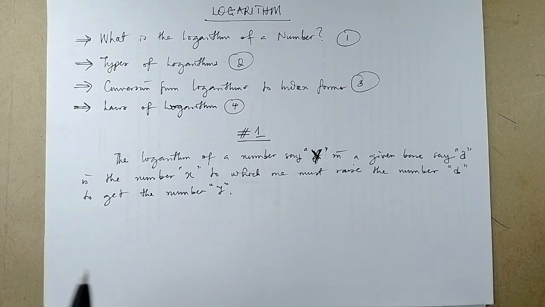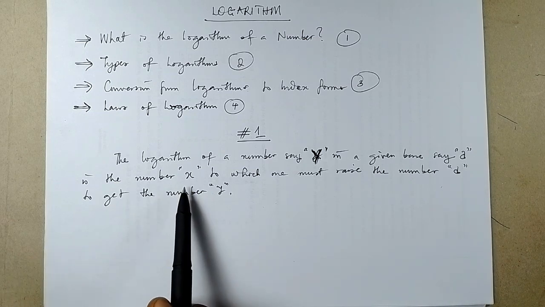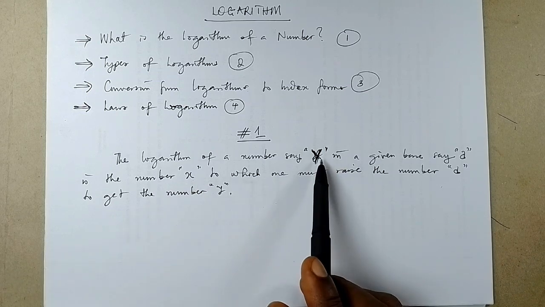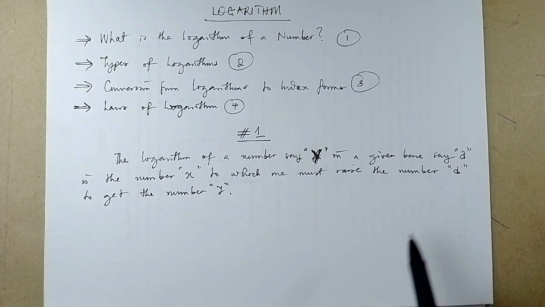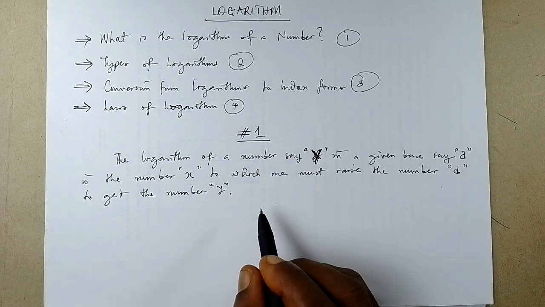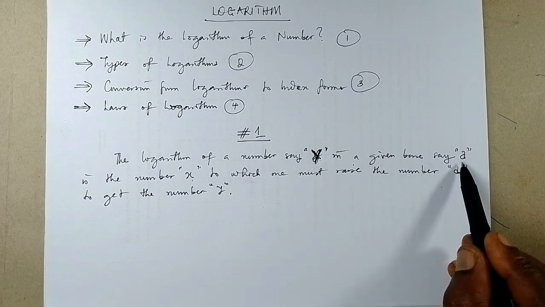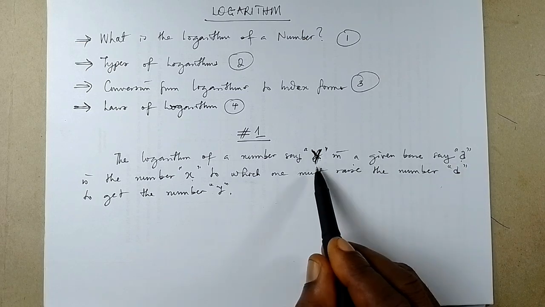So the logarithm of a number y in a specified base a is another number we call x. But this number has an attribute: if x must be the logarithm of y in base a, then x must be the number to which you would raise a to get y.